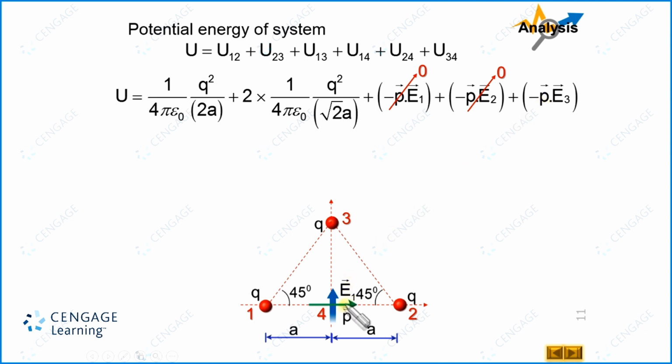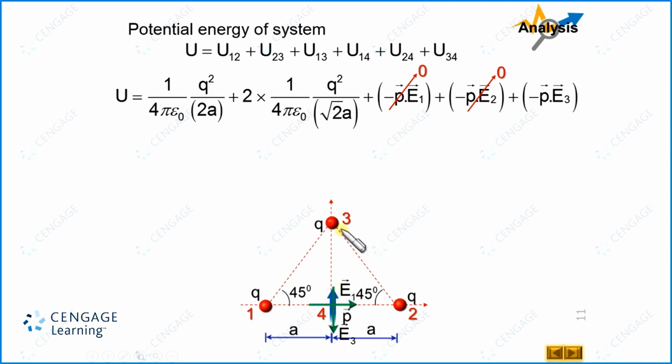P is the dipole moment, this one, and E3 is the electric field associated with this charged particle. This charged particle is positive. That means electric field vector E3 will be in the downward direction. That means the angle between the dipole moment vector and electric field vector is 180 degrees, that is pi radian.